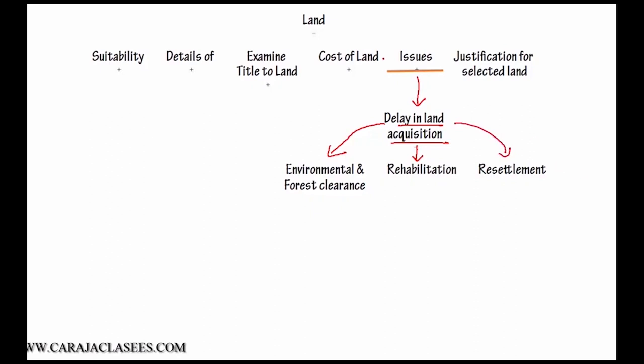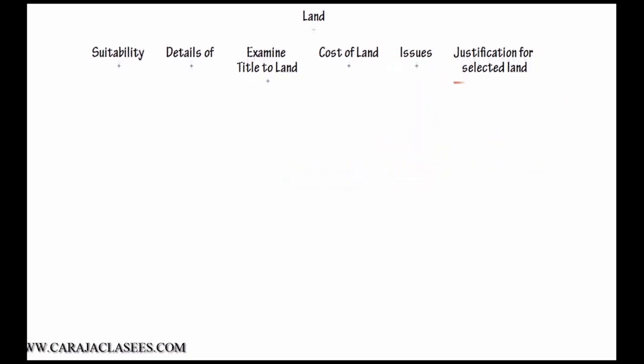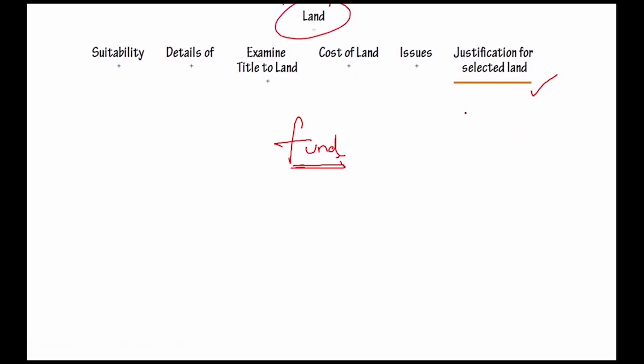If such issues are there, please bring them in the proposal for the notice of the sanctioning authority, and eventually you have to give justification for the selected land. That is why the bank should fund this borrower to buy this land as part of the project. What are the merits? Why is this land in demand, or why should this land be funded so that the borrower can start the project?